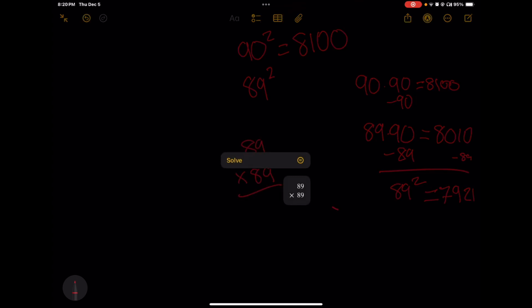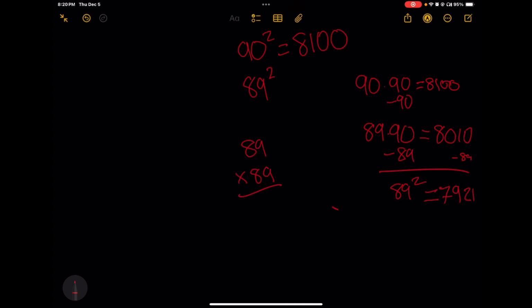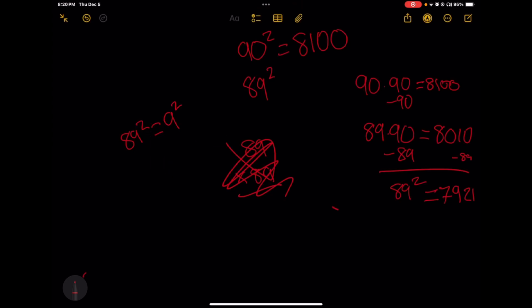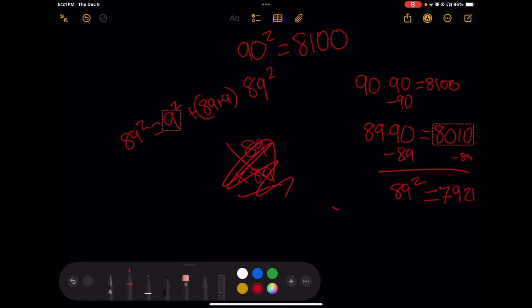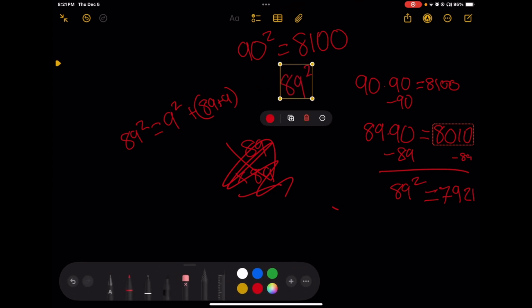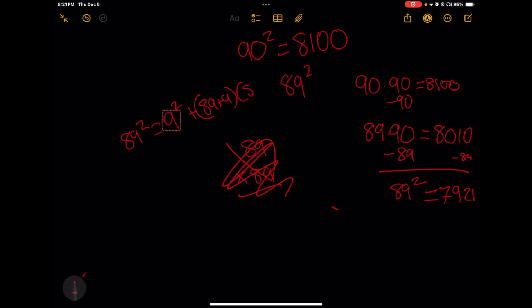Oh, okay, and then we can also use the normal equation. So we can say 89 squared equals 9 squared plus 89 plus 9 times, well, 80, because we know that's 89 minus 9.